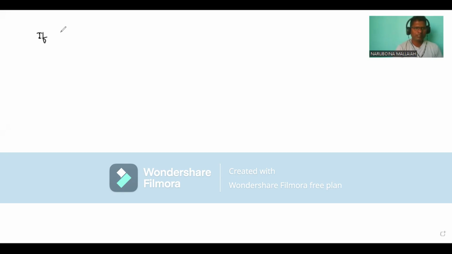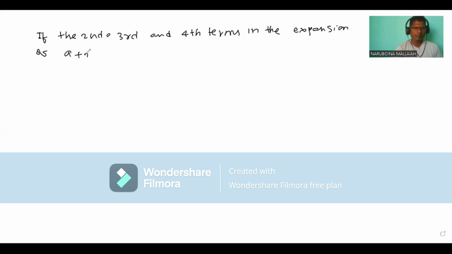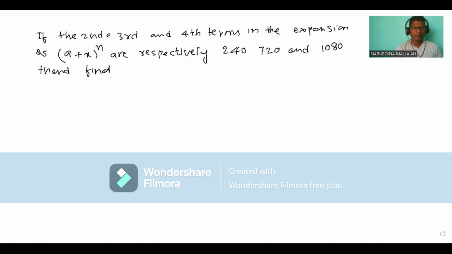If the second, third, and fourth terms in the expansion of (a + x)^n are respectively 240, 720 and 1080, then find the value of a, x and n.